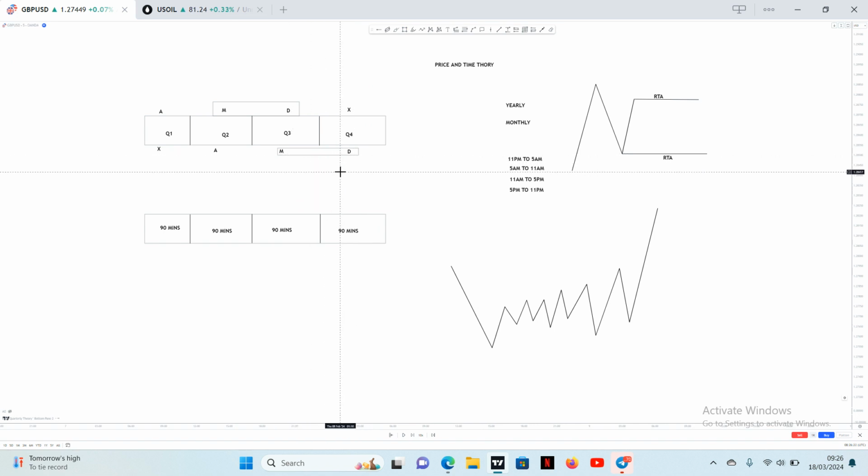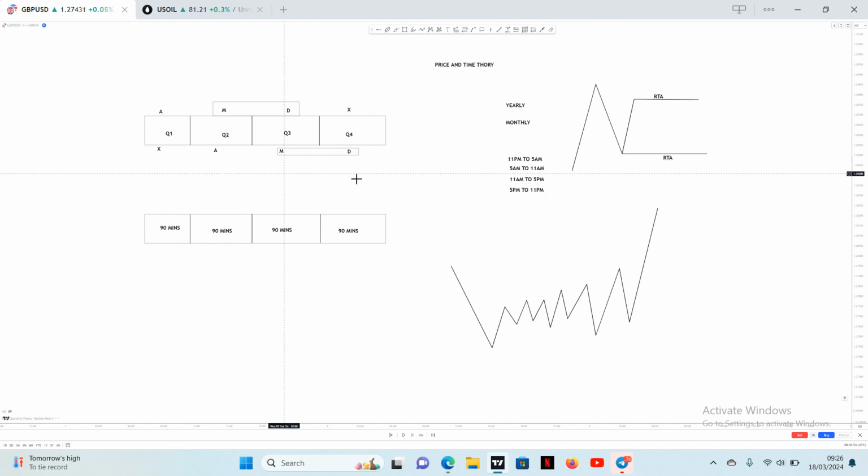This is where we are more likely interested. Now, why? Let's take it back to the daily cycle. This is our RTA, high and low. Now we want price to grab this high and low. Please pay attention to this part.